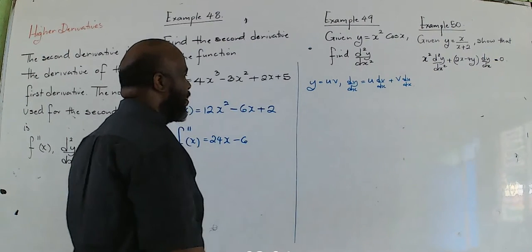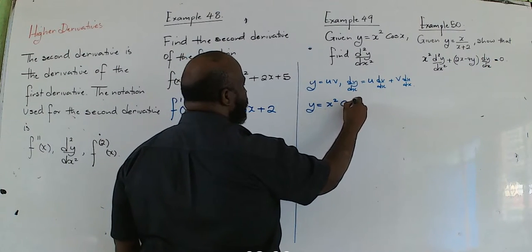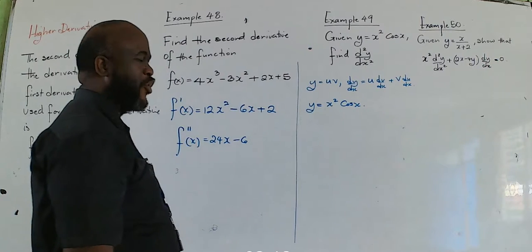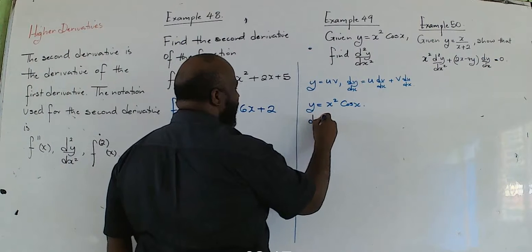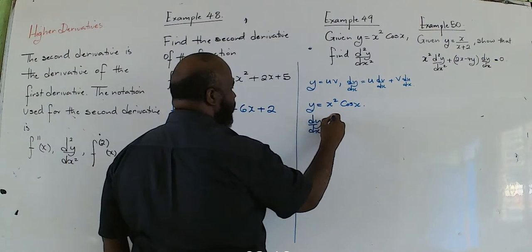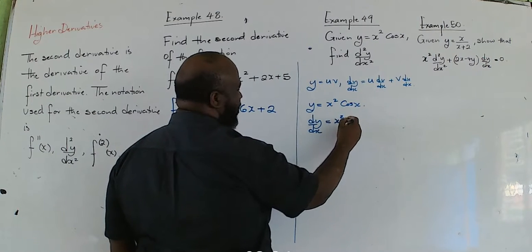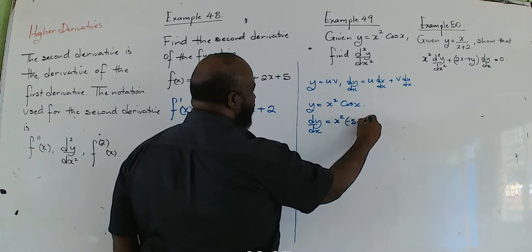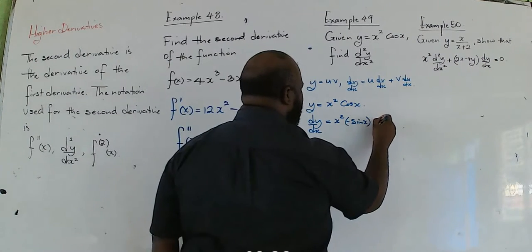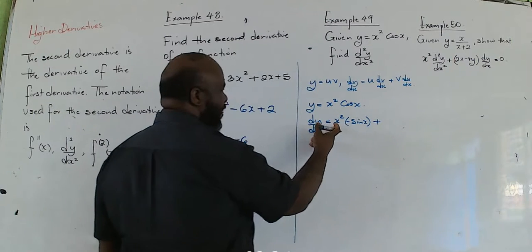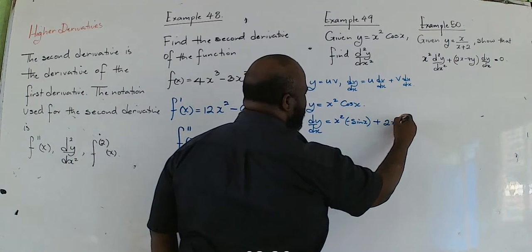Alright, so let's apply. So y is equal to x squared cosine x, which is a product of two functions in x. Let's differentiate. dy by dx would be equal to, leave the first, x squared, differentiate the second, minus sine x, and differentiate cosine x, you get minus sine x, plus differentiate the first, which is x squared, you're going to get 2x, leave the second, which is what?